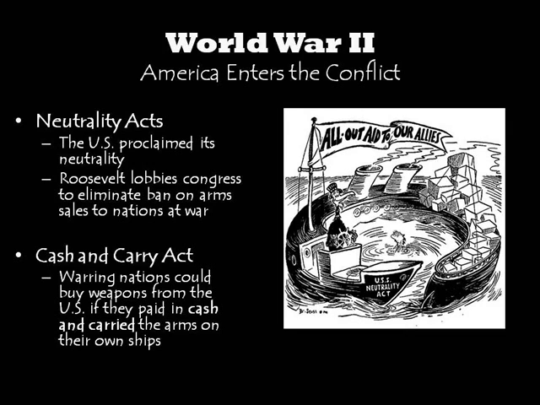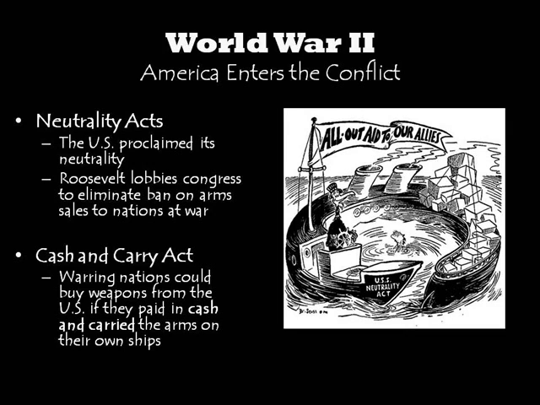The actual start of the war put the United States in a risky position. Americans were fearful of getting drawn into the fighting, but they wanted to help the Allies. France and Britain needed weapons, but the Neutrality Acts banned the sale of arms to countries at war. So in November of 1939, Roosevelt pushed a bill through Congress that repealed the arms embargo.